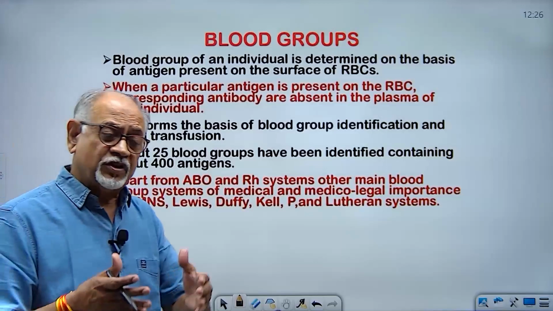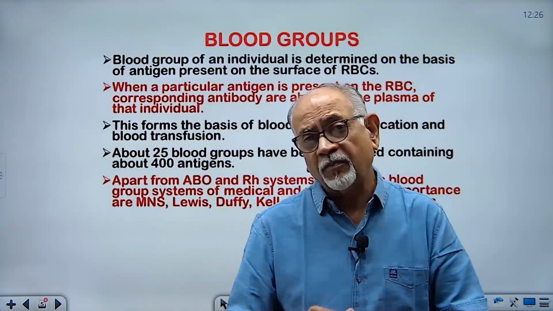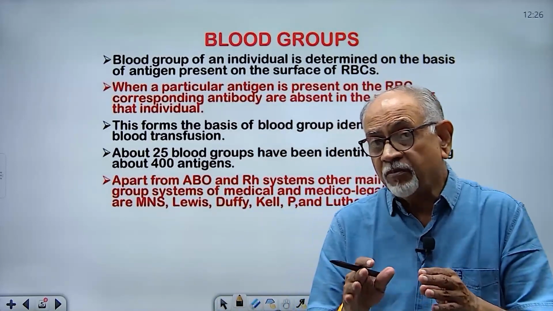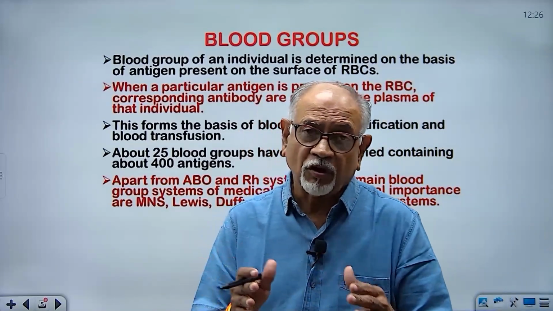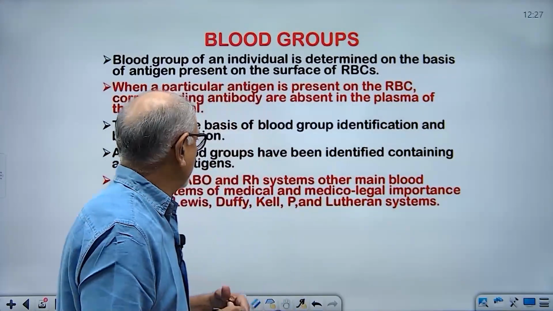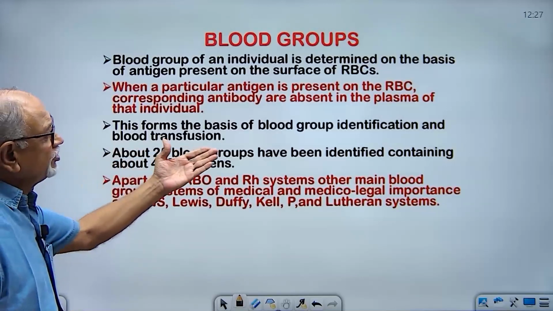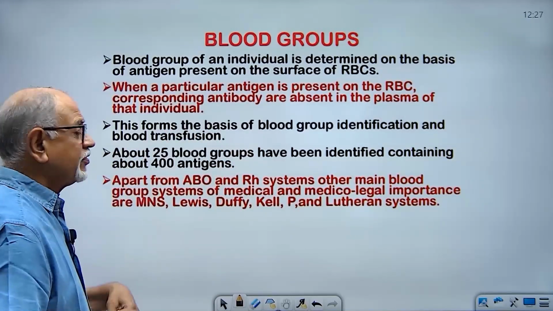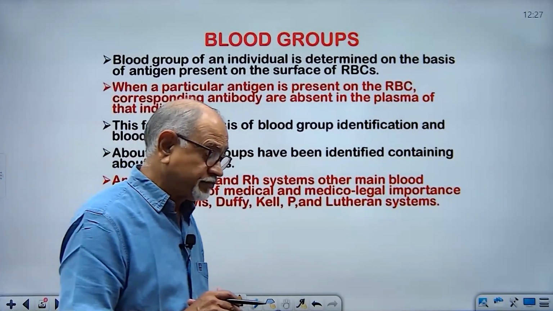And if the antigen B is present on the RBC of a person, antibody B cannot be there in the plasma because it will cause agglutination. So, this forms the basis of blood group identification and blood group transfusion.